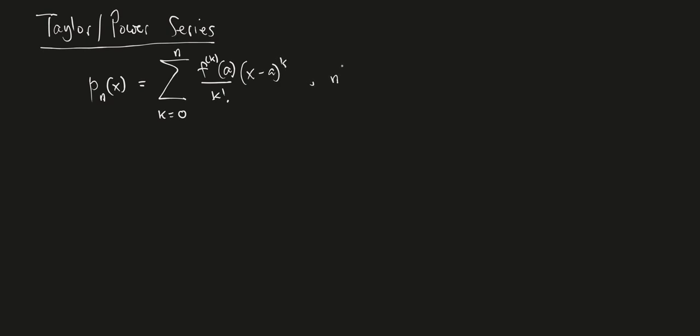So again, this is our nth degree polynomial approximating whatever our original function is, f of x at x equals a, right?